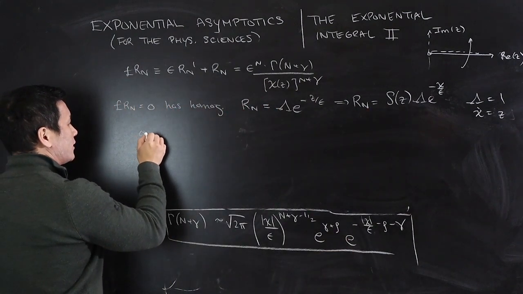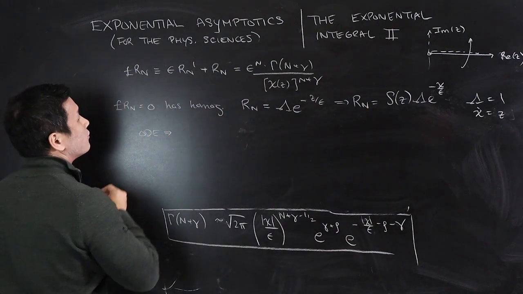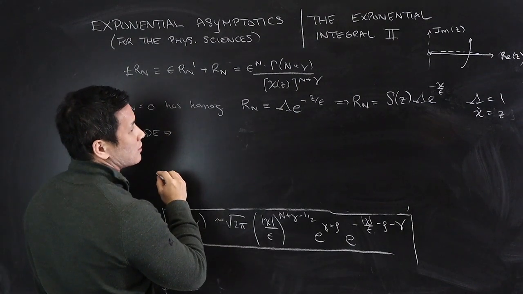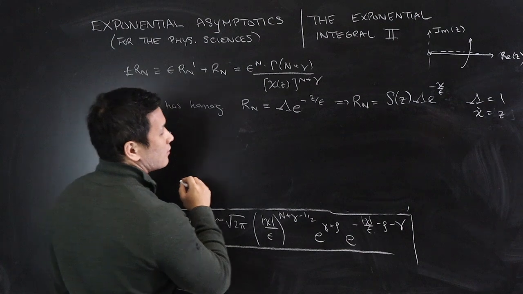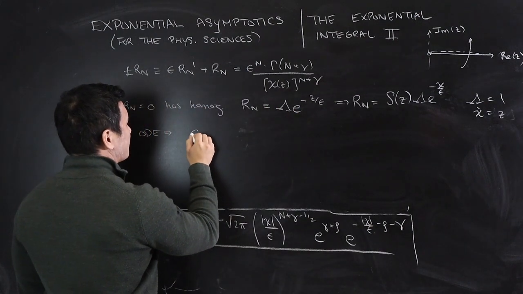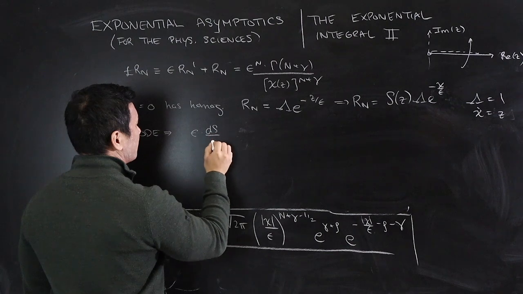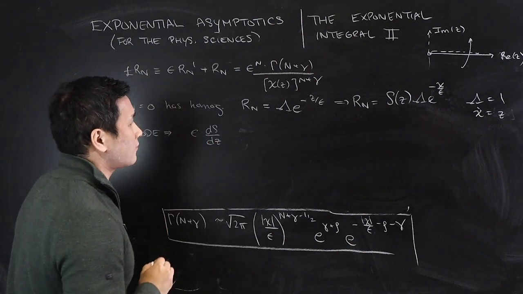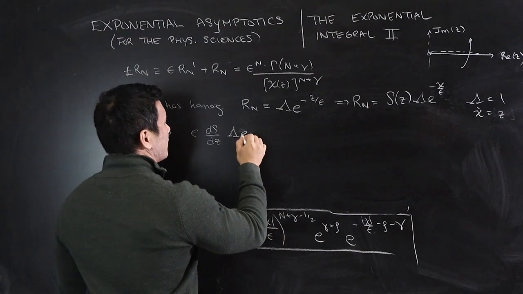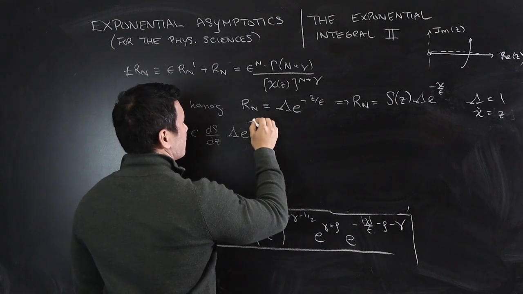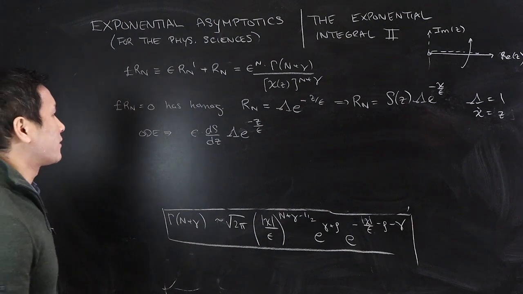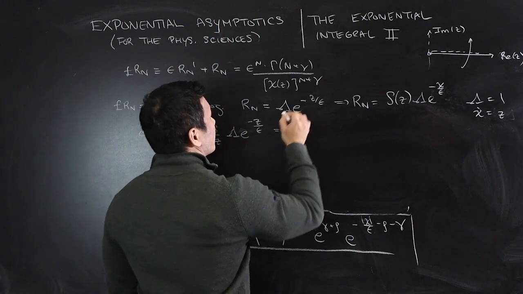So the ODE will then give you an equation for s, and it's just going to be epsilon times ds dz times lambda times e to the minus z, I'll use z's for simplicity here instead of chi's, and then is equal to the right-hand side.